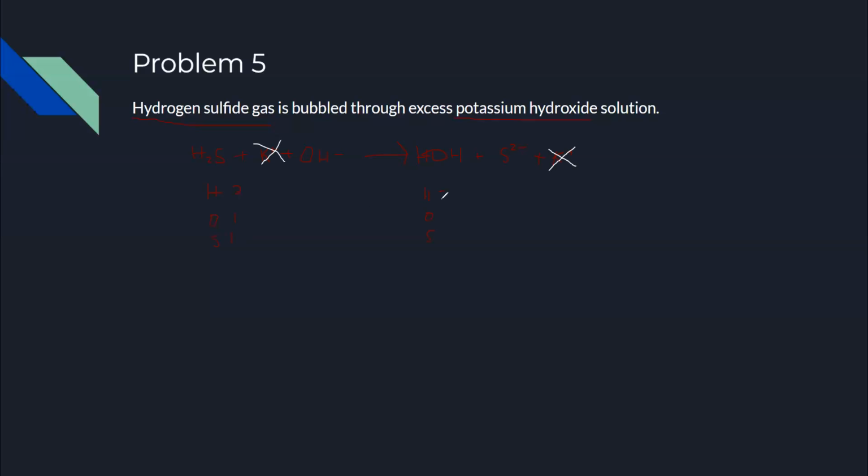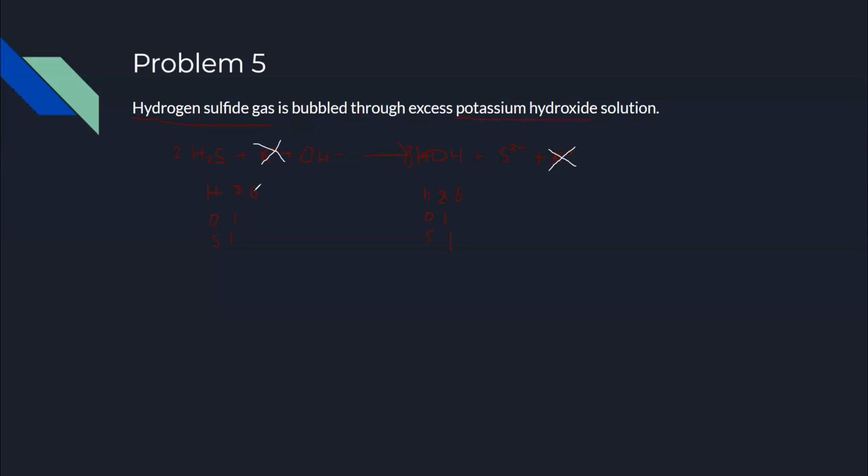So you have 2 hydrogens, 1 oxygen, and 1 sulfide. So 3 and 2 have a common number that's 6, so multiply this side by 2, this side by 3.